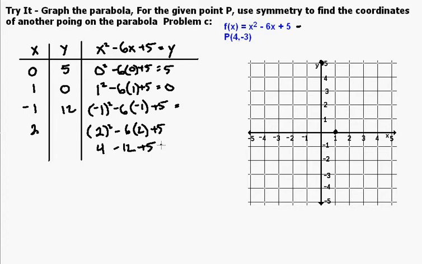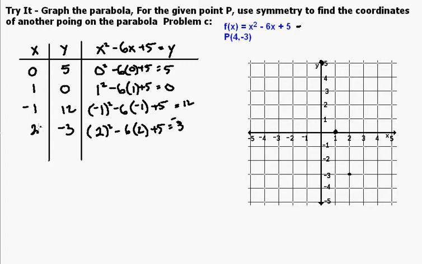Negative 8 plus 5 is negative 3. So when x is 2, that's negative 3. So plot a point right here.